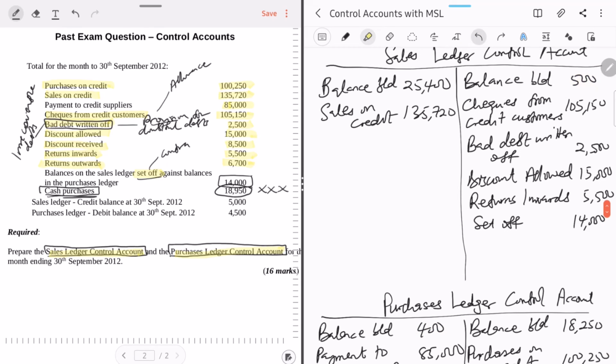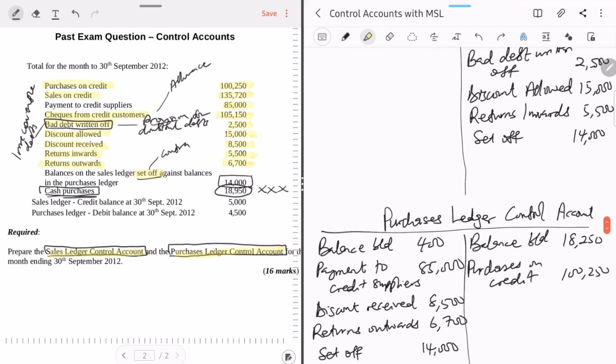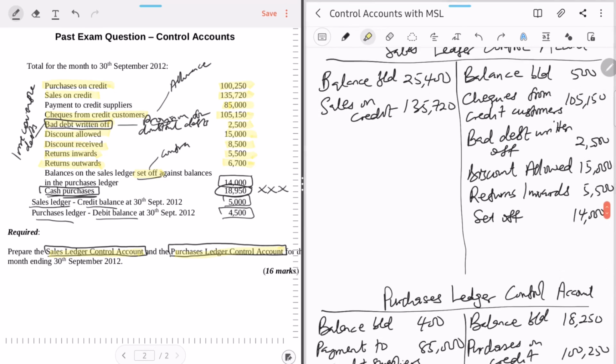But watch the question carefully. They said what? Sales ledger, credit balance at 30th September 2012. So they are saying sales ledger, credit balance is 5,000 and purchases ledger, debit balance is 4,500. Let me show you what they mean by this.